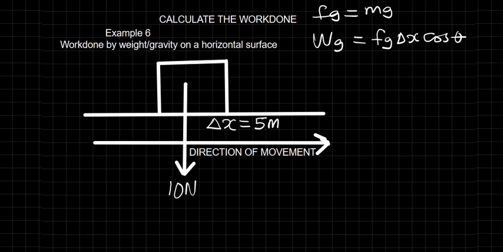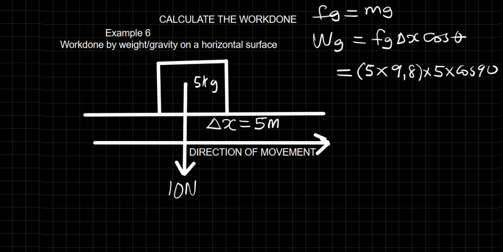Let's say the mass of this object is 5 kg. So the work done by the weight is the mass times the acceleration due to gravity: 5 times 9.8. That is the force. Multiply by the displacement, which is 5, and multiply by the cos of 90. This also gives us 0 joules.